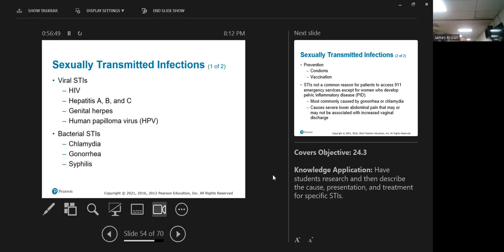Sexually transmitted infections, STIs: HIV, hepatitis A, B, and C, herpes, HPV. Bacterial is chlamydia, gonorrhea, and syphilis. So bacterial, antibiotics; viral, not so much.